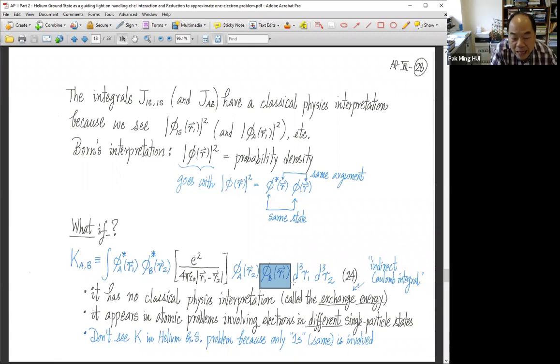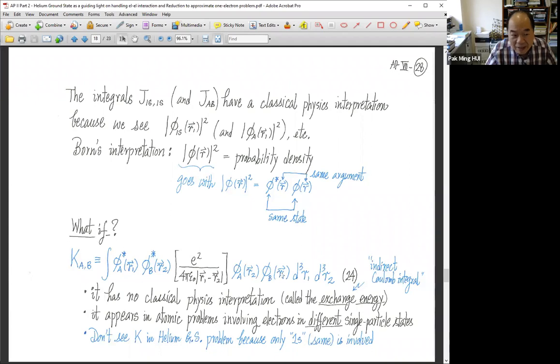Okay? At this point, I just would like to introduce the following possibility. First, we will see this term in the helium excited state, and in the lithium atom ground state, because we will have to deal with 3 electrons, 1s, 1s, 2s. So there will be 2 different states involved.